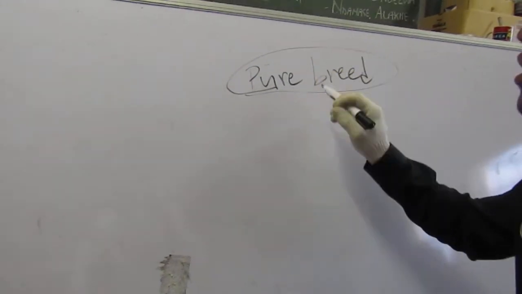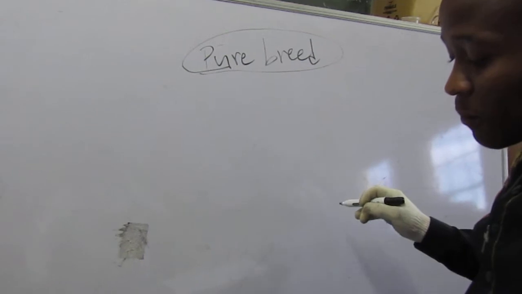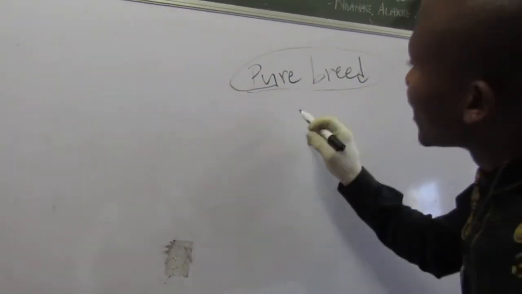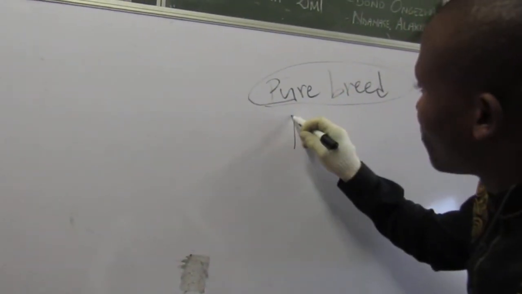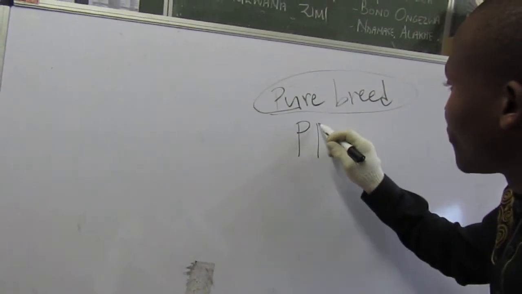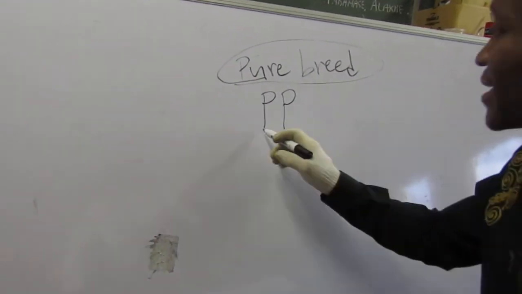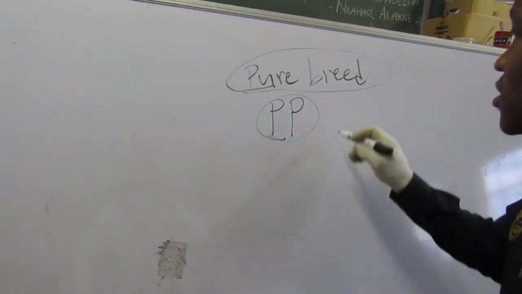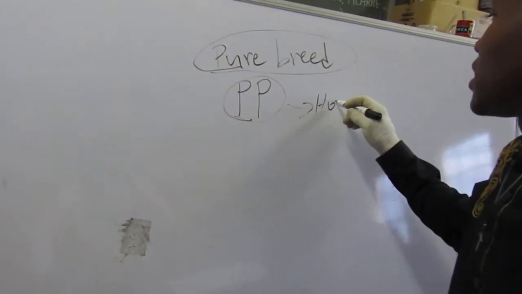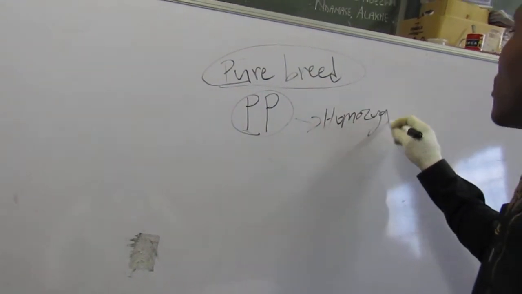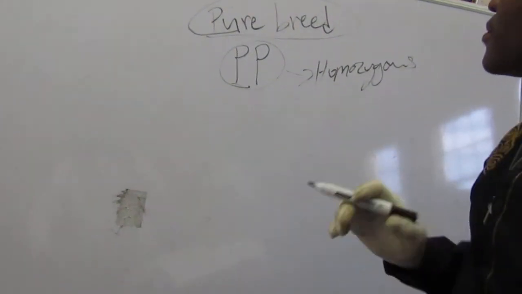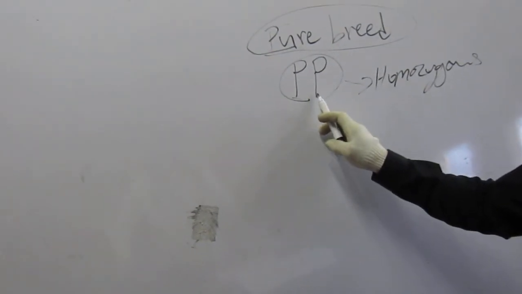So now sithi apha sine pea plant ezoba yi pure breed for icolor engu-purple, so sebenza letter P for purple, meaning that your alleles will be the same. Xa zifana phaya sithi zi-homozygous. We're saying these are homozygous alleles. So homozygous yafana capital letter P.